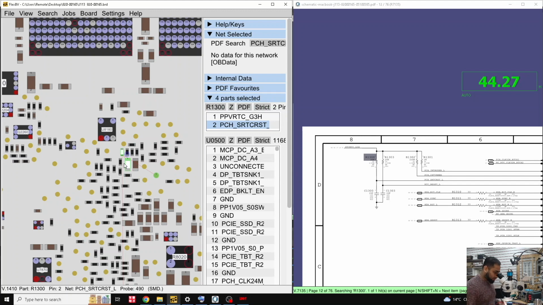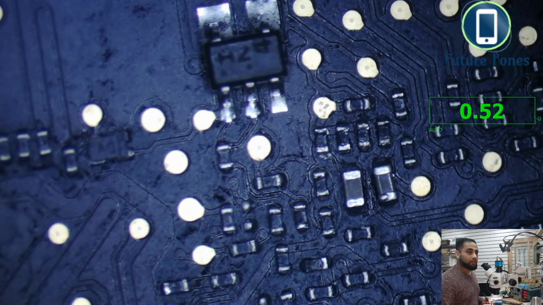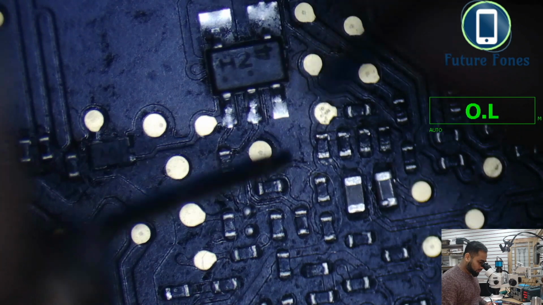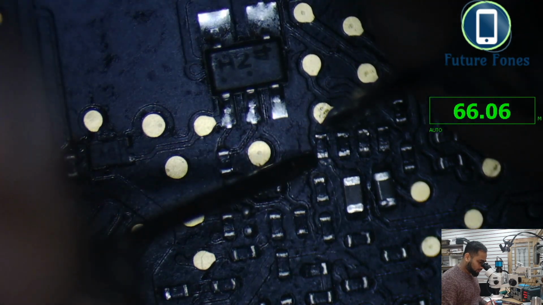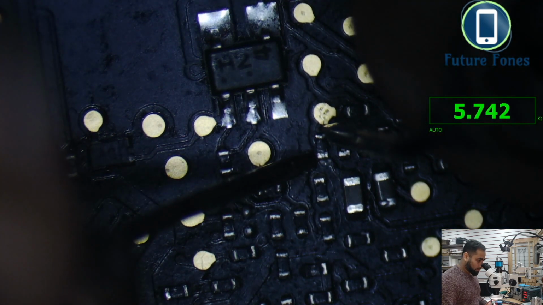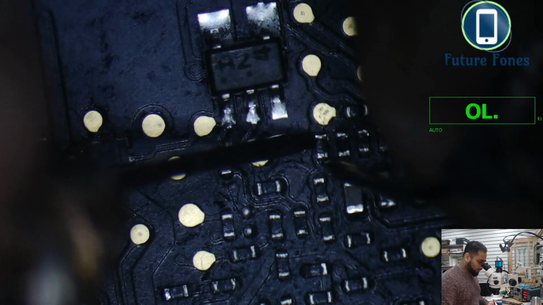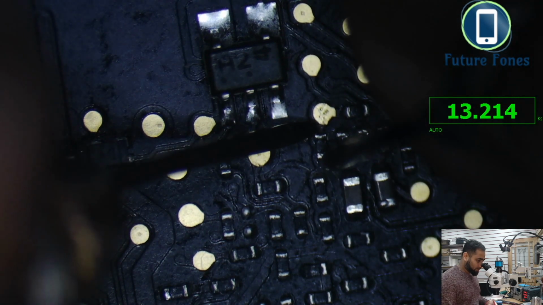Okay, let's check the value on this resistor. In the resistance mode, let's check. So it's supposed to be one. What is the value of this resistor?